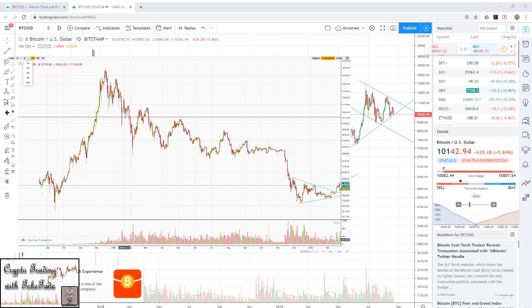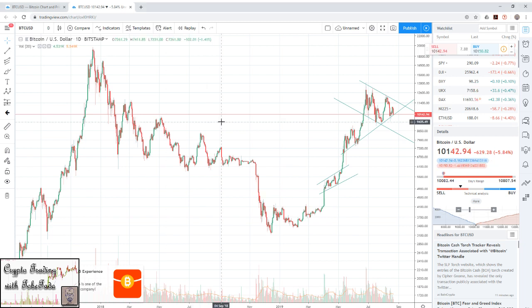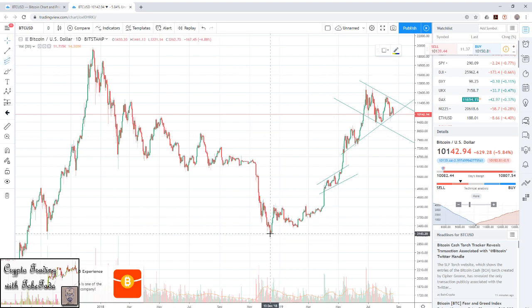And I guess there is another tool I'll give you, which is the Fibonacci retracement levels, and that is basically seen if you draw in these Fibonacci lines here.